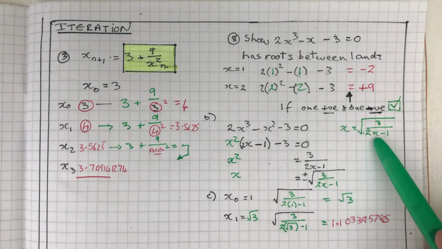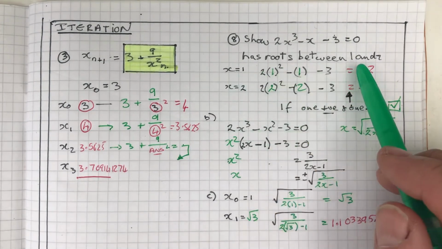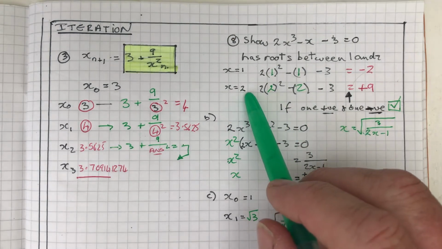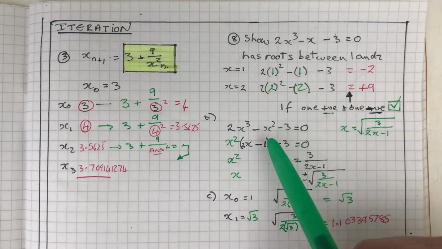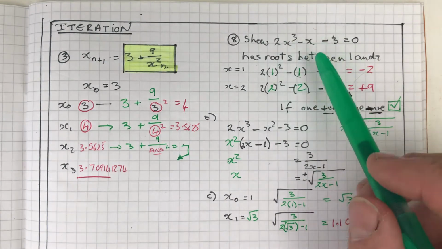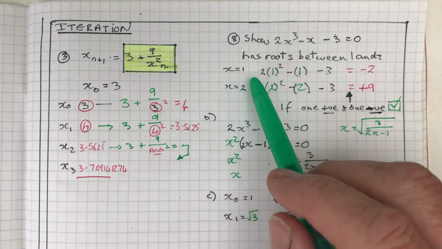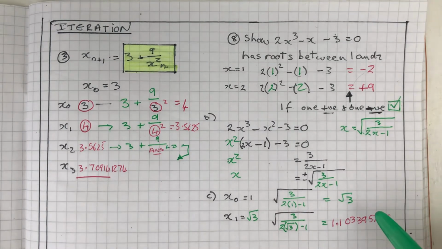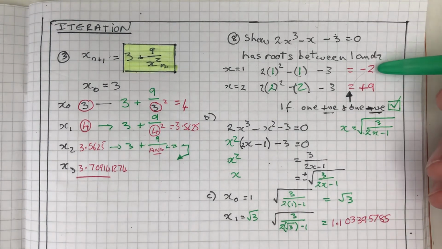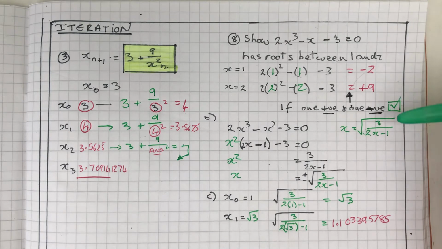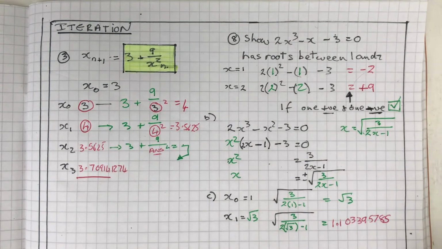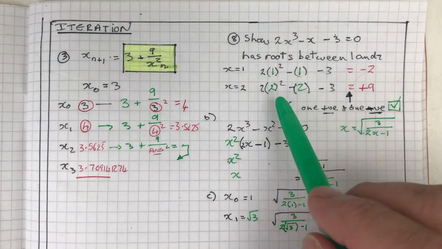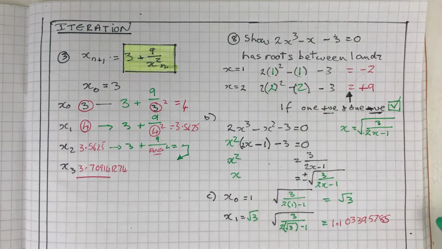So if I've got the coordinates 1 along and minus 2, 2 along and plus 9, then that means that this curve must cross the x-axis, because it goes from a negative y value to a positive y value. And that's all you've got to do. You can't just leave the numbers. You see, if one's negative and one's positive, it must cut the line there. Therefore, the root must be in between 1 and 2.